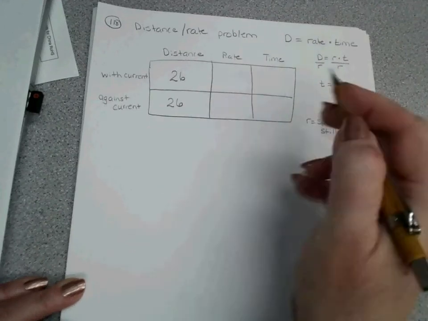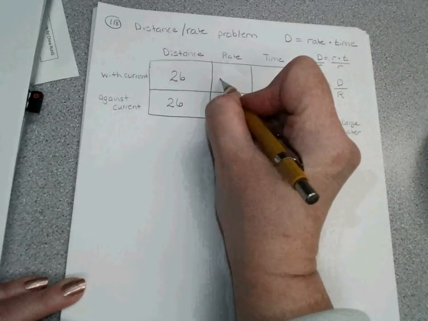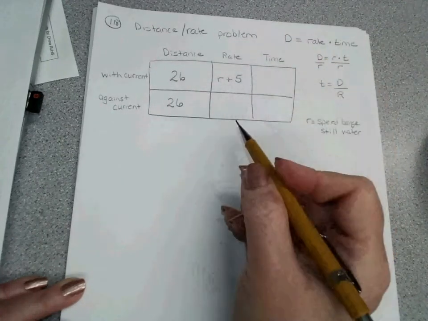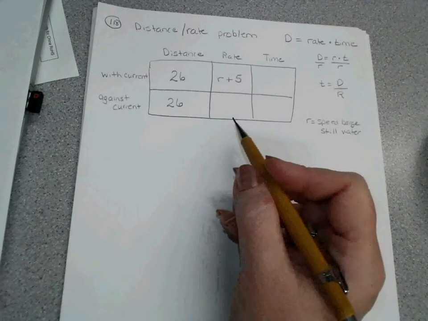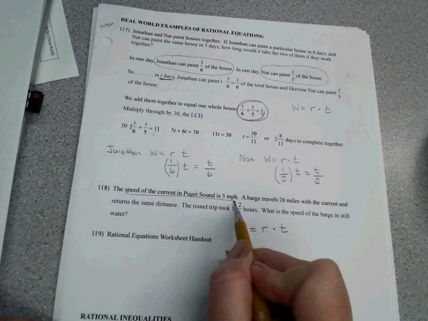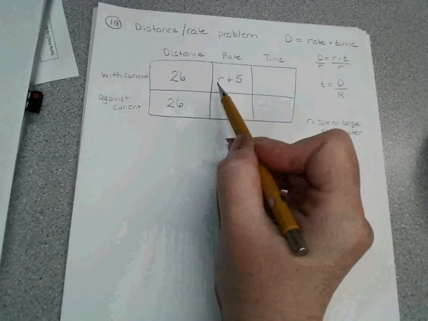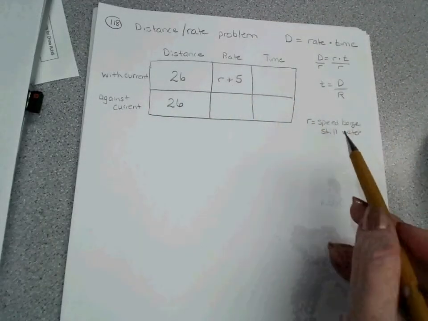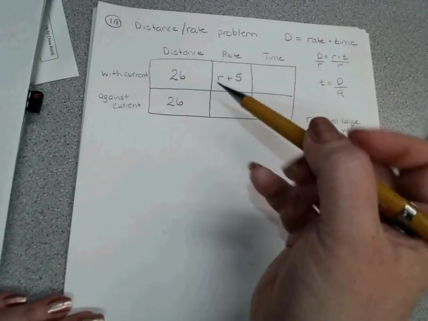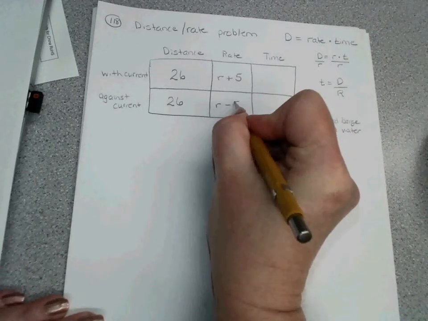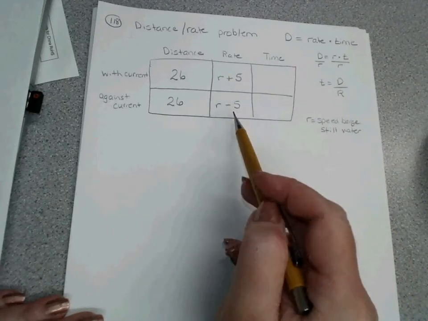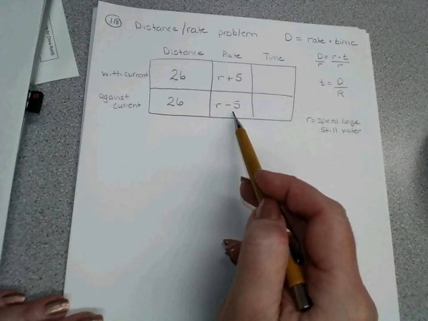Now going with the current, the barge goes an additional 5 miles an hour. So with the current, it goes 5 miles an hour faster. Now against the current, it goes 5 miles an hour slower. Downstream, upstream, it's got to go slower upstream because it's working against the current.